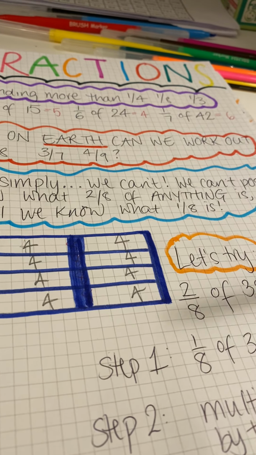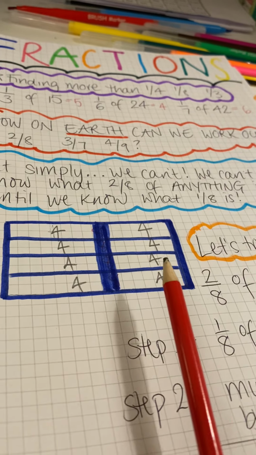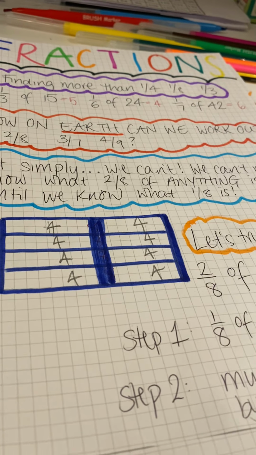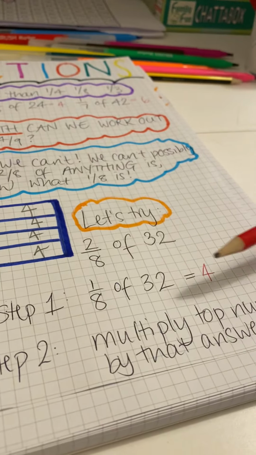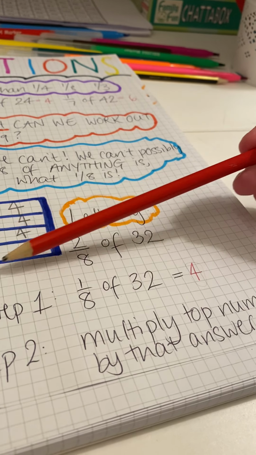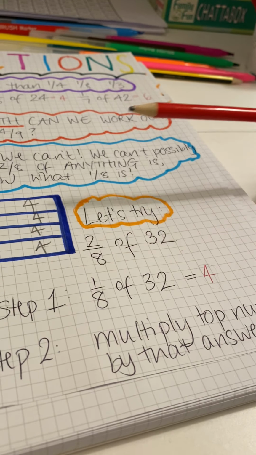You can do this for the first couple of times that you do it, and then eventually they won't need to. You could do this as a little visual for them to help understand it. So that's step 1, you're finding an eighth of 32 and you get 4. This is just to show that if one section has 4, because they're all equal, they all have 4.